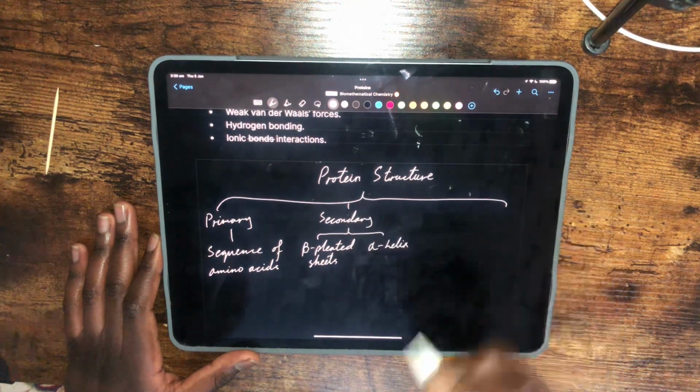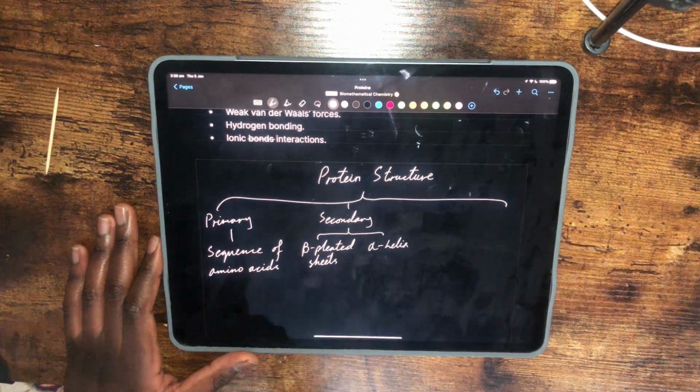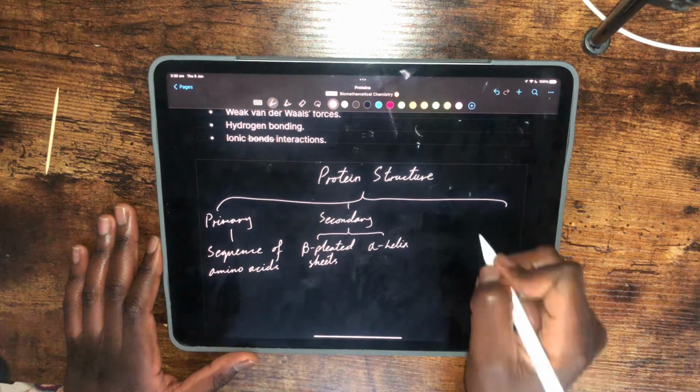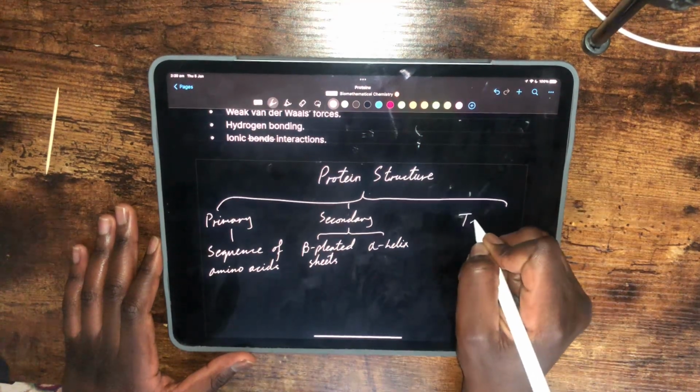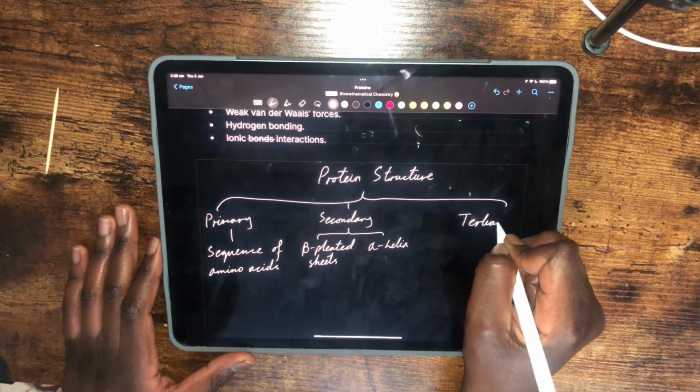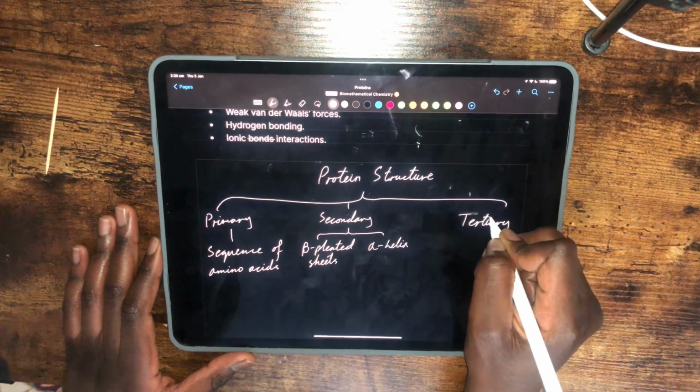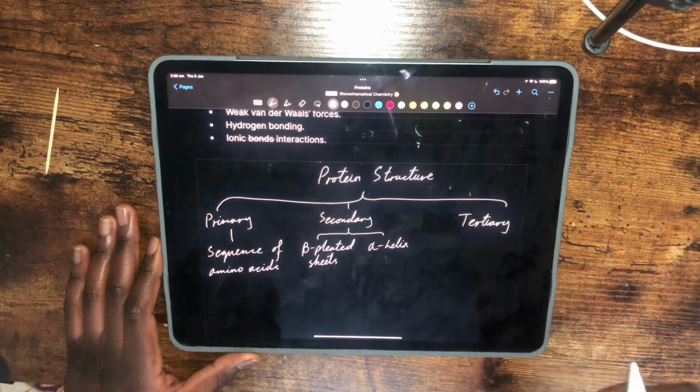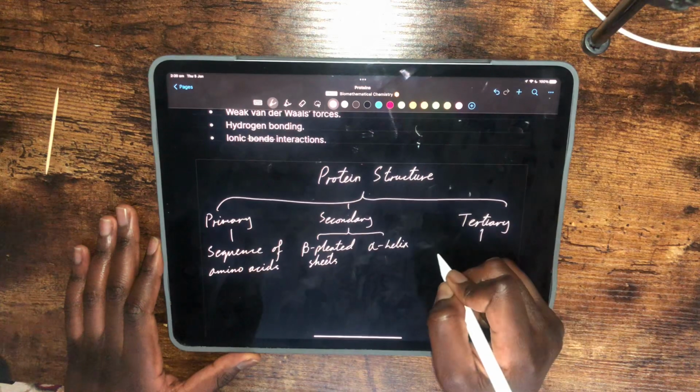And then the most complex one of them all, the tertiary structure, and that's just the overall 3D shape.